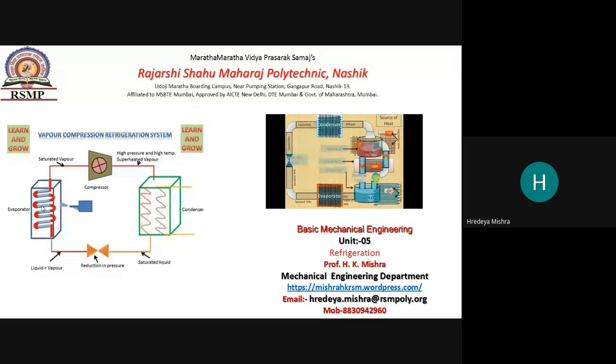So if there is a phase change, then there is latent heat, and that latent heat has a large heat quantity.